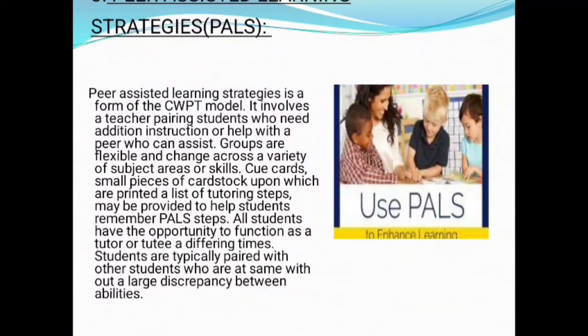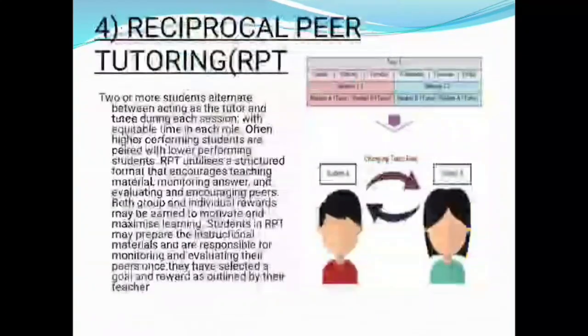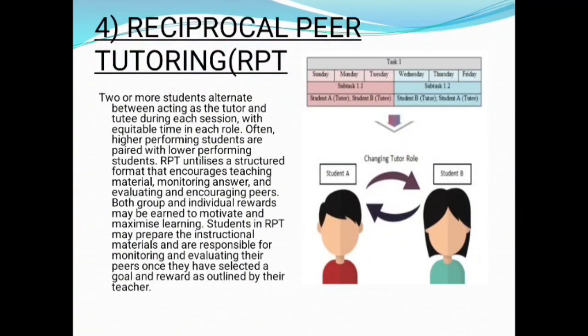Students are typically paired with other students who are at the same level without a large discrepancy between abilities. Reciprocal peer tutoring (RPT). Two or more students alternate between acting as the tutor and the tutee during each session with equitable time in each role.